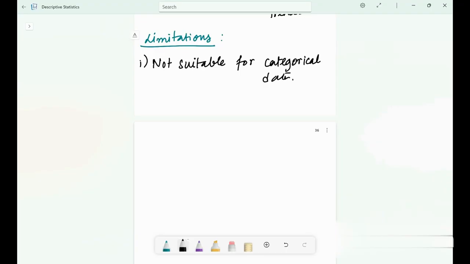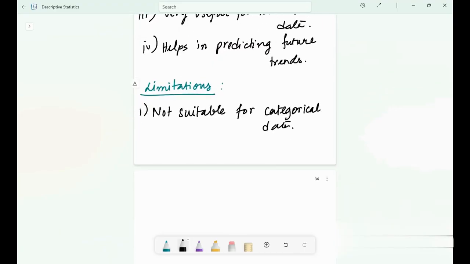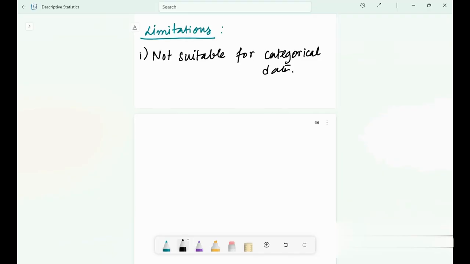Basically, for the advantages, we can say that graphs are like a shortcut to understanding the data. And for limitations, they also have some limitation. For not suitable for categorical data, what is categorical data? Can you say? It is qualitative data or abstract data. So, this is the limitation.